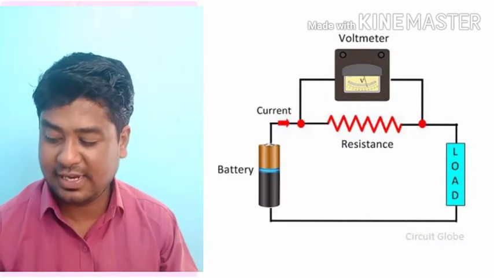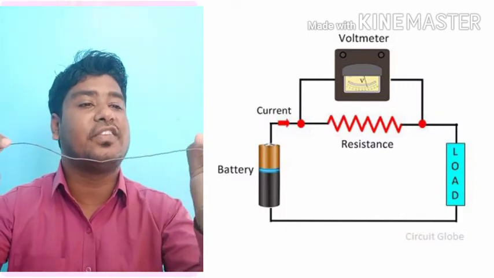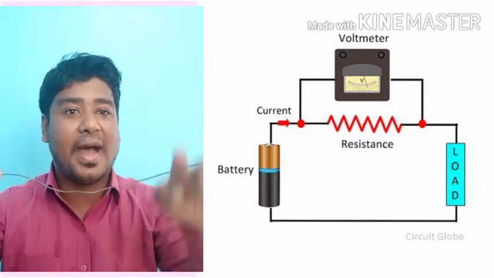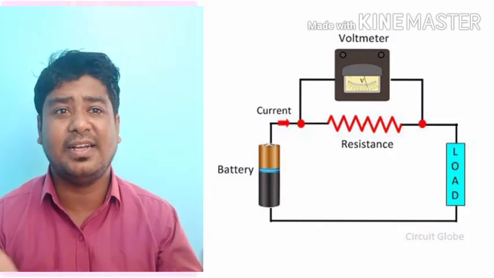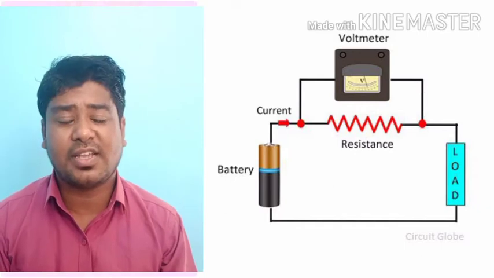So as I had shown you about this conductor, if you want to measure the potential difference from this point to this point, a voltmeter should be connected parallel to this. You can check out in the slide above how it is connected in a circuit.